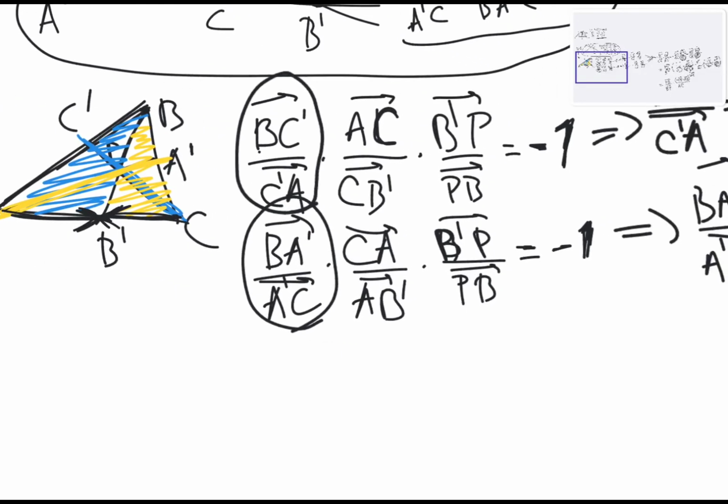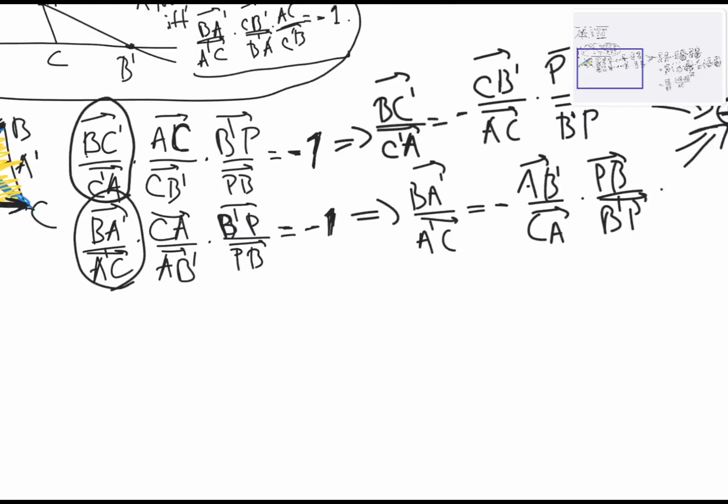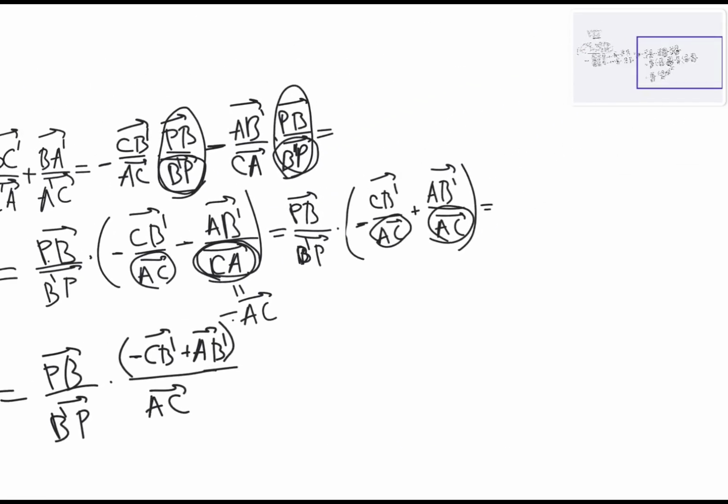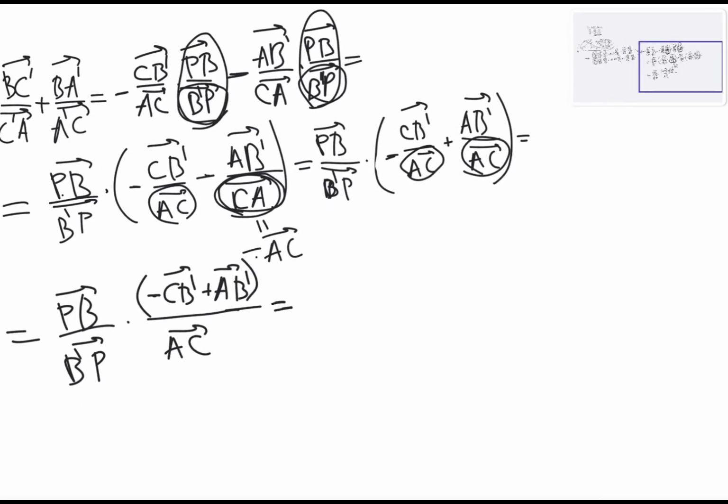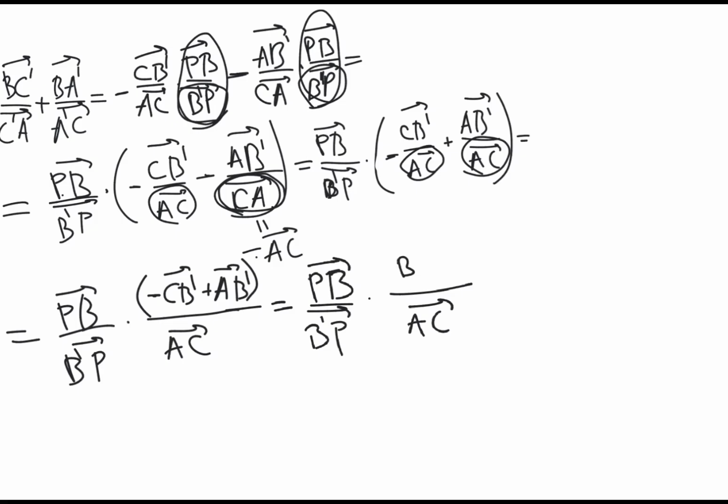Let's replace minus CB prime, which is the same as B prime C. So I rewrite the first ratio, then we have AC in the denominator, and here B prime C plus AB prime.